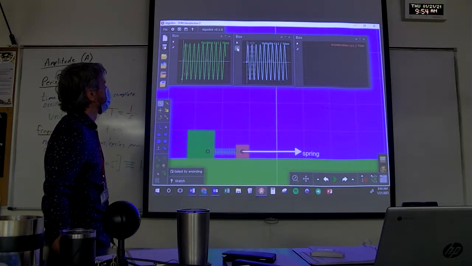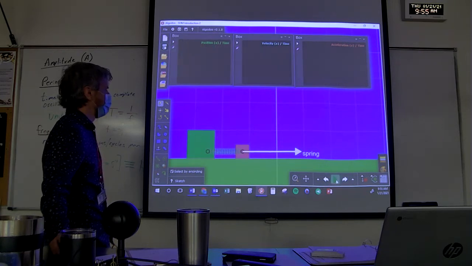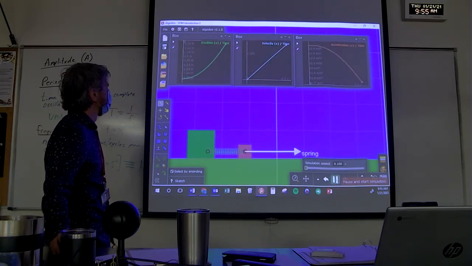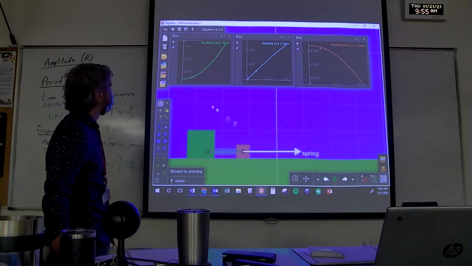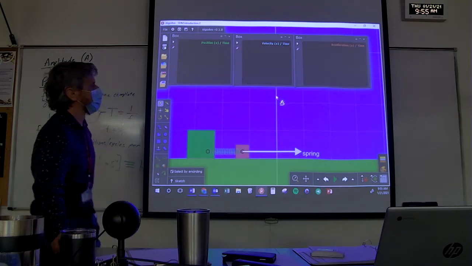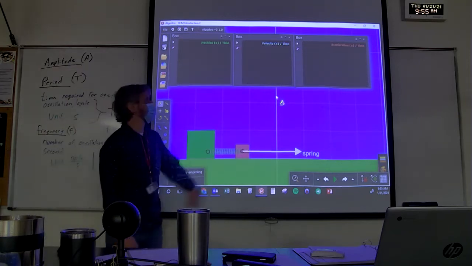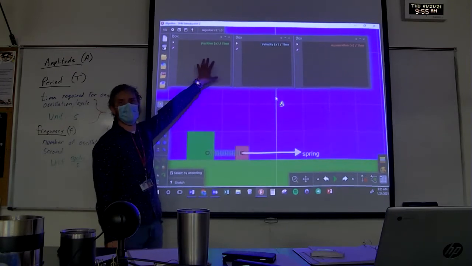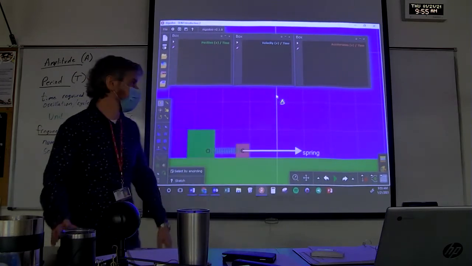So here I got a position versus time graph and a velocity versus time graph. Oh man, we didn't start it. So position versus time, velocity. These are 3 kinematic graphs for simple harmonic motion. There is an equation on your formula sheet that is used to describe the position as a function of time. So I just want to show you that.